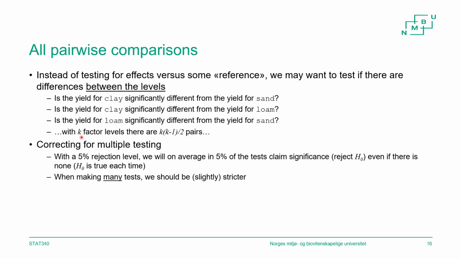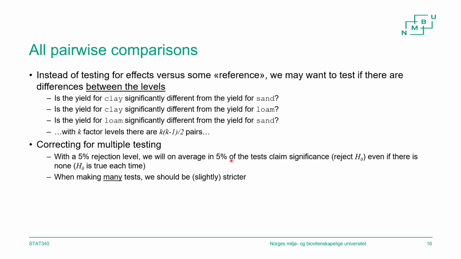What we actually do when we do this many tests, one for each pair, since we always have a p-value threshold, let's say at the 5% rejection level, is that on average, in 5% of the tests we will claim significance even if there isn't any.